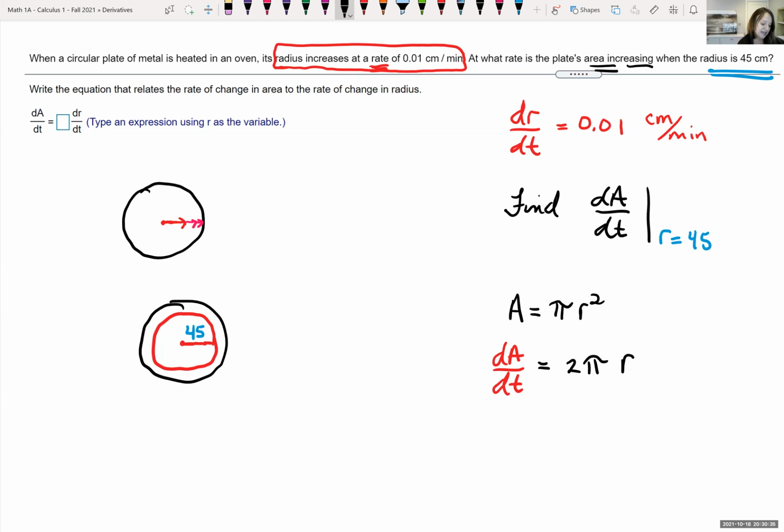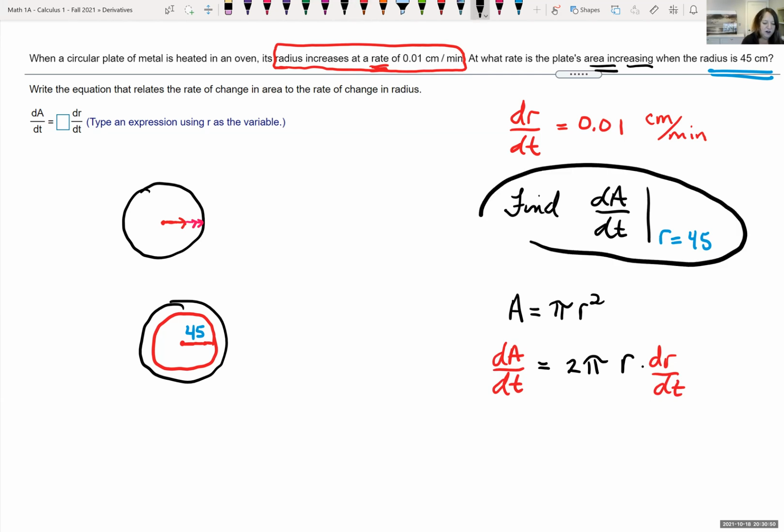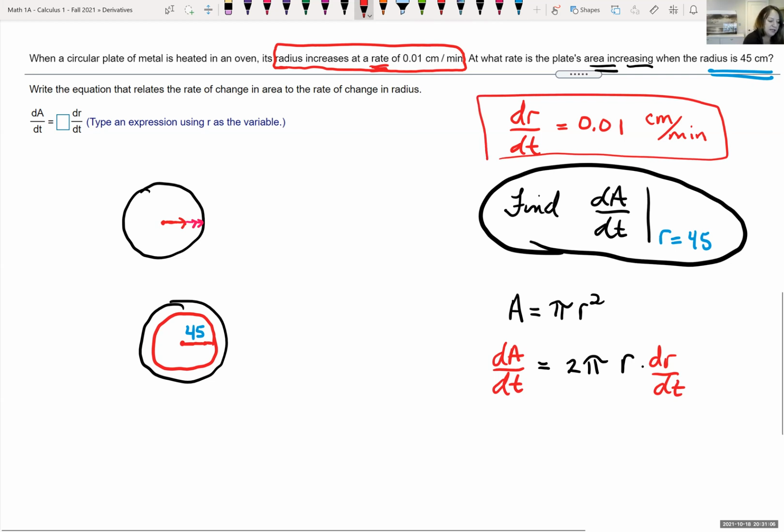And our derivative of the inside is dr dt. And we want to find dA dt when r is 45. So we know r is equal to 45, but we also know what dr dt is. We know our rate of change is 0.01. So we're just going to plug that in.